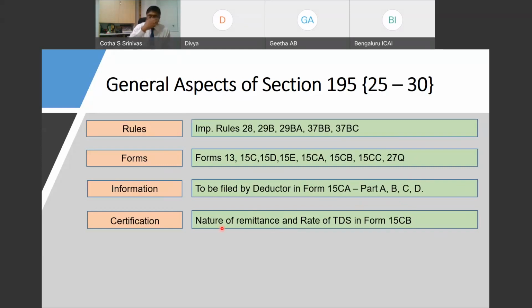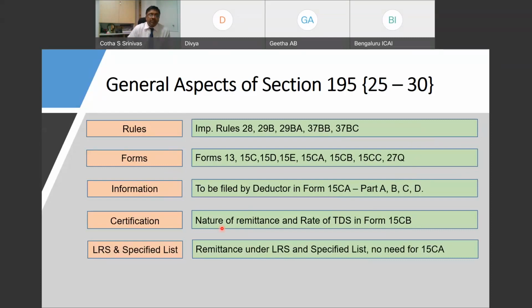As I told you earlier, in DTAA there are almost 20 to 21 types of incomes, so we have to certify the nature of remittance. Then the rate of TDS: what is the rate applicable, whether income tax rate or DTAA rate, as beneficial to the assessee? So when we, as chartered accountants, certify Form 15CB, we are certifying the nature of remittance and the rate of TDS.